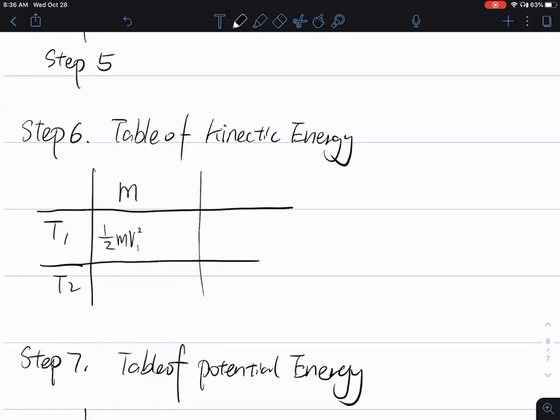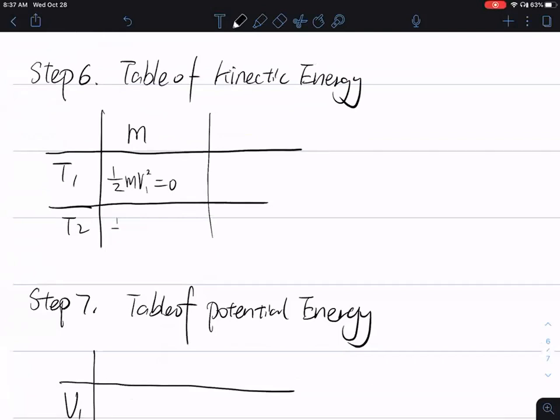What's the speed at position 1? 0. Why is it 0? I think in most of the problems it says released from rest. When you see that, that's a sign we don't have any speed. So the speed at position 1 is 0.